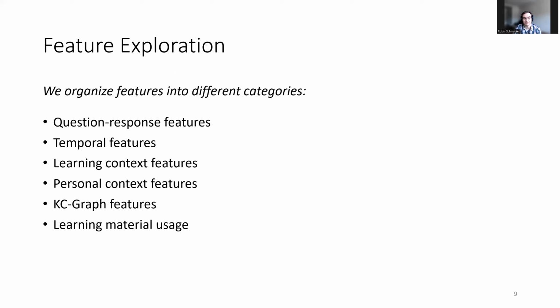And we also looked at personal context features, for example, what is the school of a student, who is the teacher, how old is the student, and which grade level the student is in. We then looked at KC graph features, which describe how well the student did on skills that are prerequisite or post-requisite to the current skill. And we also looked at learning material usage for hints, videos, and reading materials.